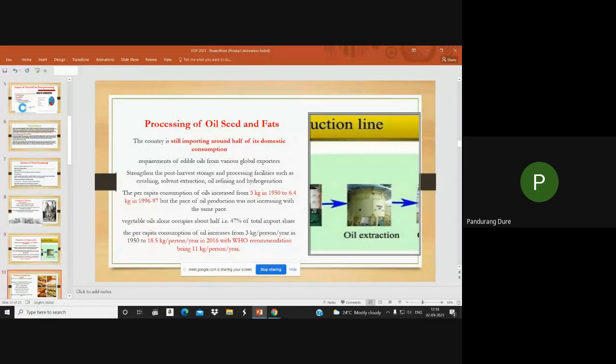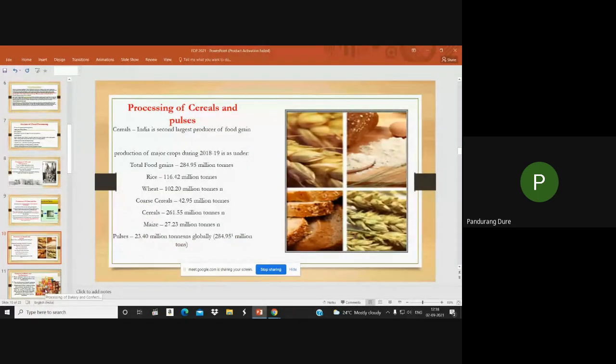Next, we will move towards the next sector, that is processing of cereals and pulses. This is the data from 2018-19. Total food grain production was 284.95 million tons. In this sector also processing is carried out, and proper storage is required.